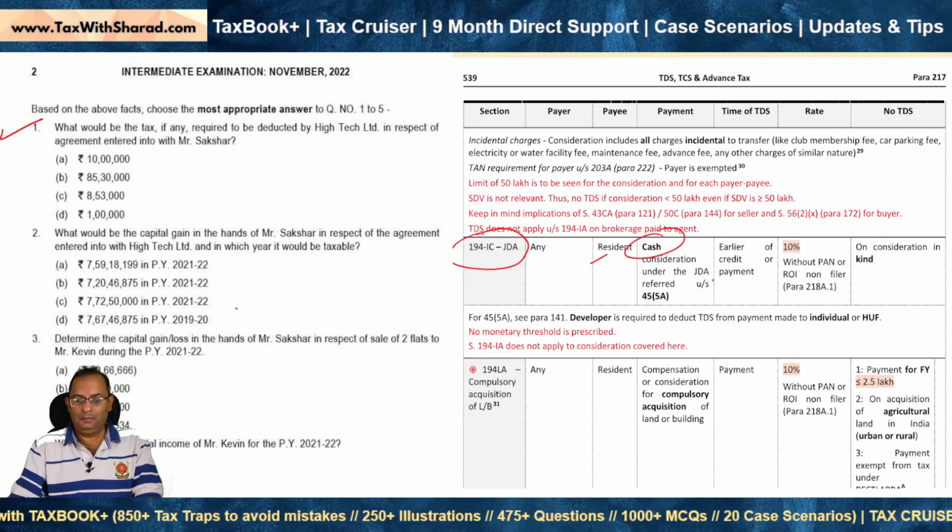So we are not talking about the 3 flats which have been given, but the cash consideration of 1 crore. Under the joint development agreement referred under section 45(5)(a), 10% is the rate and TDS has to be deducted by the builder.